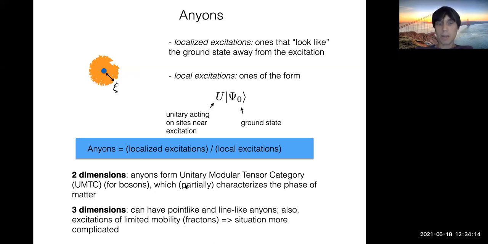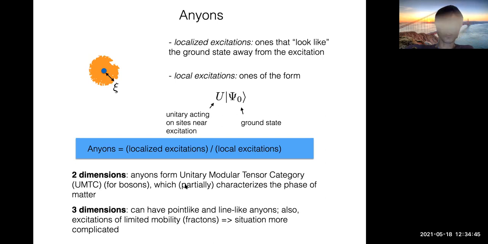This works in higher dimensions as well. This definition of topological excitations in principle works in higher dimensions, but it turns out that the story in higher dimensions is a lot more complicated. Even in 3 dimensions, you can already have line-like excitations, line-like anyons, but even more than that, you can have excitations of limited mobility. So excitations which cannot be moved around at will.